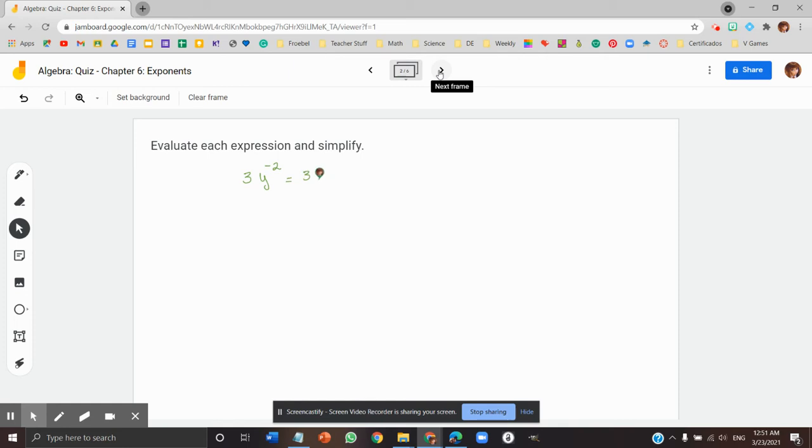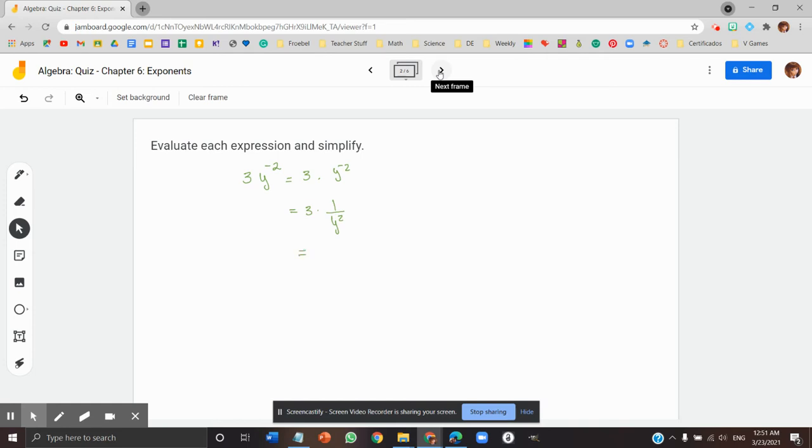Remember, I can also divide this into two different expressions. So it can be 3 and y to the negative 2. And how will you solve this? Well, the 3 is already positive, so it will be 3. It stays on the top. And the y is the one that I want to change.